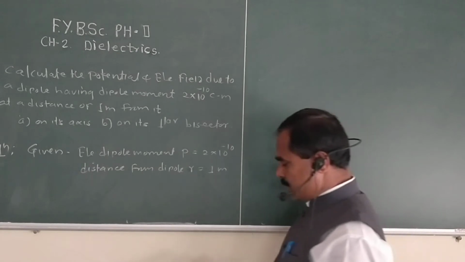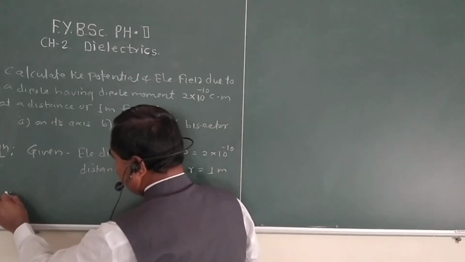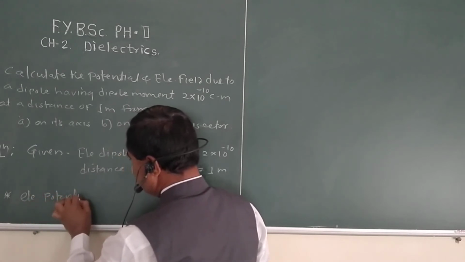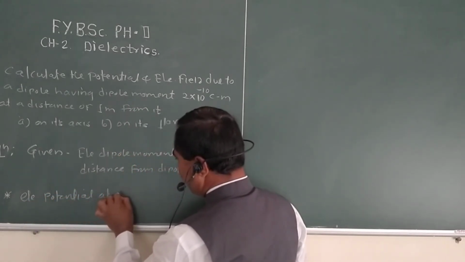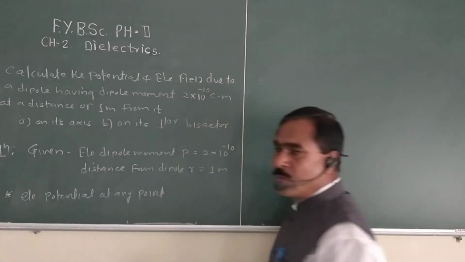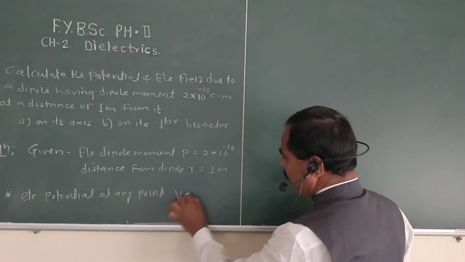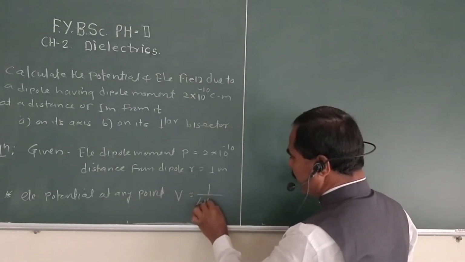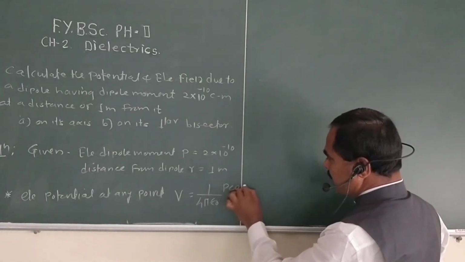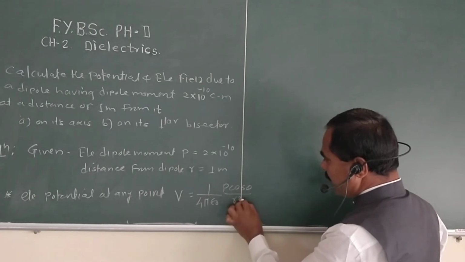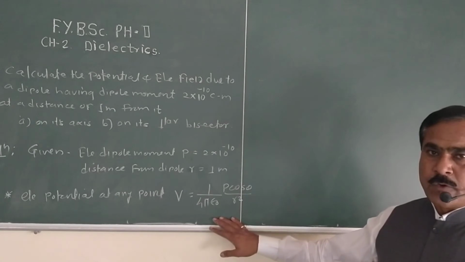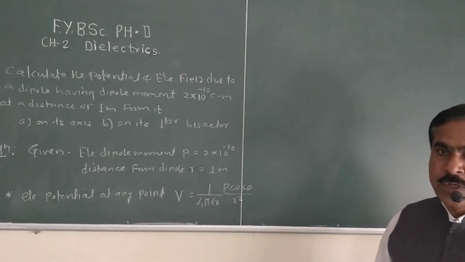Therefore we take first electric potential at any point due to dipole, and it has value V equal to 1 upon 4 pi epsilon naught P cos theta upon R square. Okay, this is the value of electric potential at any point due to a dipole.